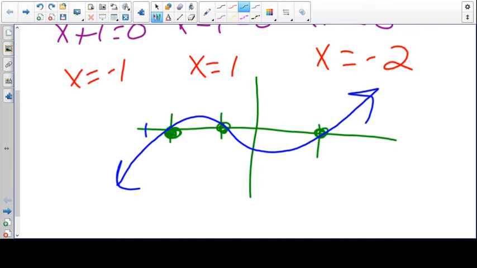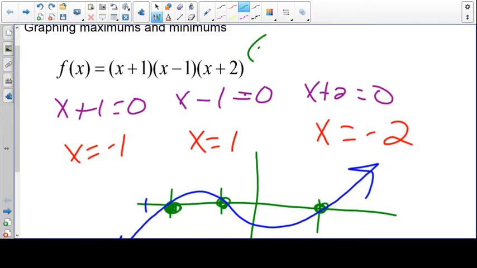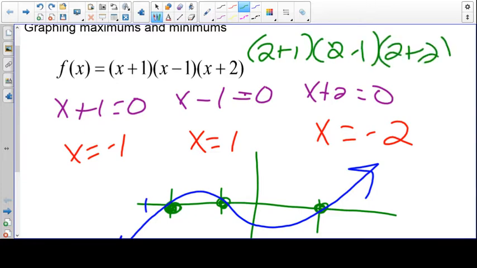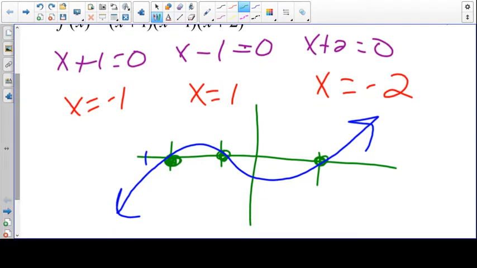Now say you plugged in a value bigger to the right, which would be 2. You would have 2 plus 1 times 2 minus 1 times 2 plus 2, which would give you 12. And logically, 12 is on the larger side, so when I would be at 2, I'd be out here someplace at 12.